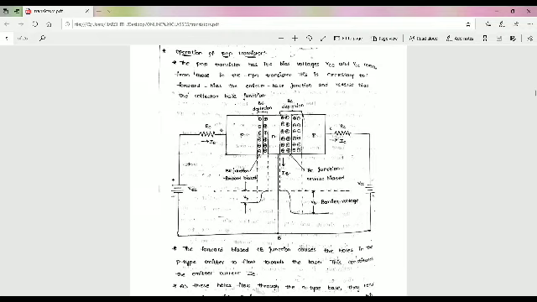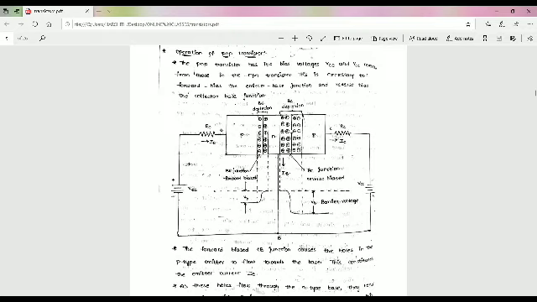Okay, so that constitutes the base current, that is the IB current, and the remaining large number of holes cross the depletion region and move through the collector region to the negative terminal of the external DC source.